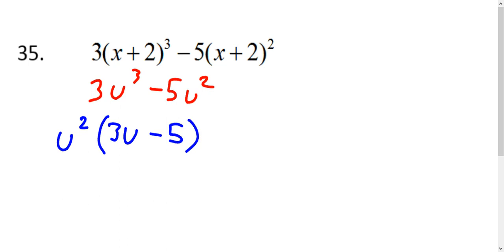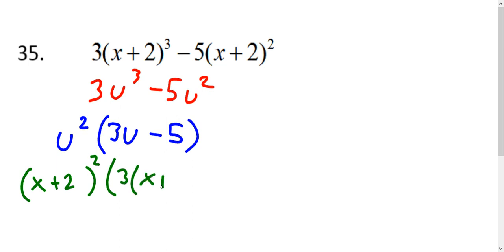And then to undo our trick, we just put the x plus 2 wherever there was a u. X plus 2 squared, 3, x plus 2, minus 5. But now we have this second parenthesis here.